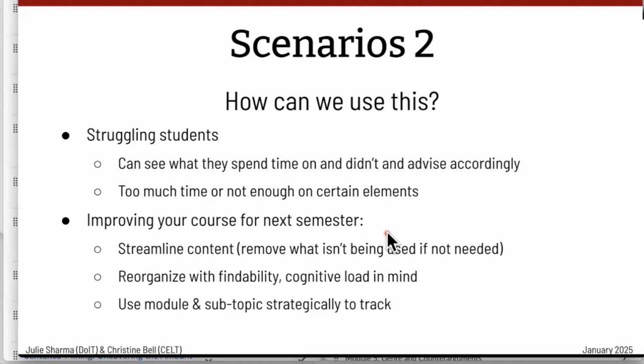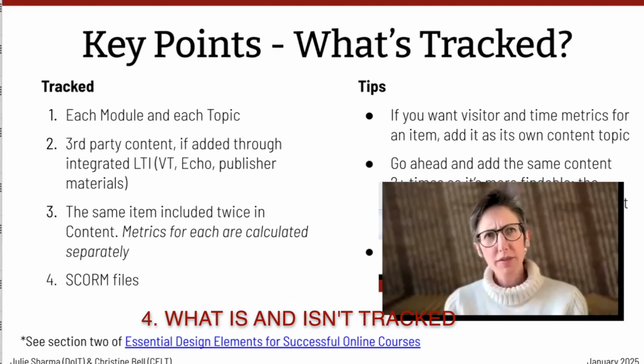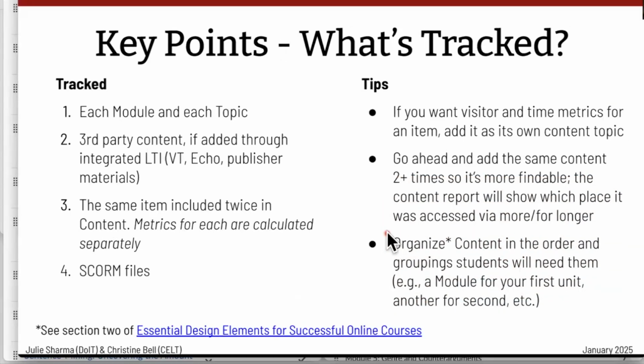And then using those modules and those subtopics strategically to track things. So if you do want to track, make sure that it is a subtopic. If it's not a subtopic, if it's buried within a page, it is not going to track it separately. So we did some testing to figure out exactly how this works. Let's say we look back at the example of the rubric that had 15 seconds of time on it, and let's say I linked to that rubric information 3 times in my course, once in the beginning, once the first time there's a discussion, and once for the second discussion.